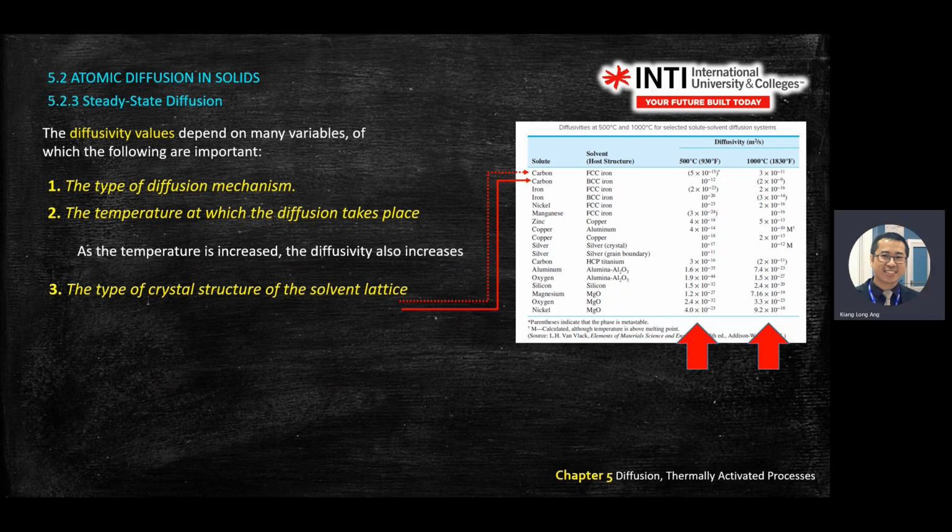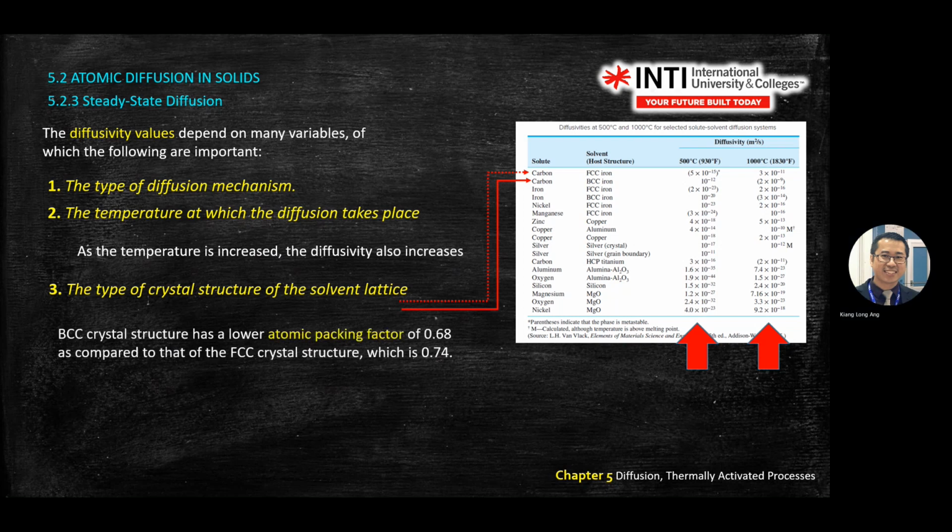You see the value is different. FCC is 10 to the minus 15, BCC is 10 to the minus 12. So BCC is better to include carbon in the strengthening mechanism.